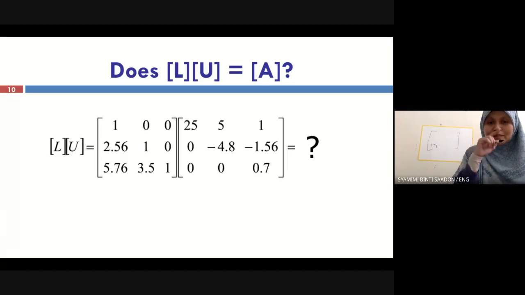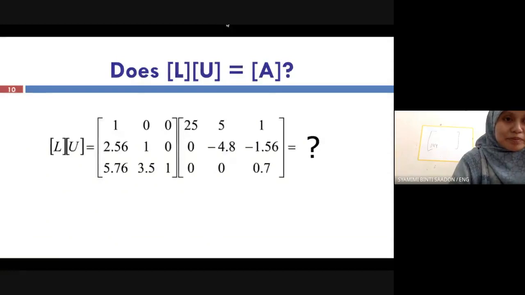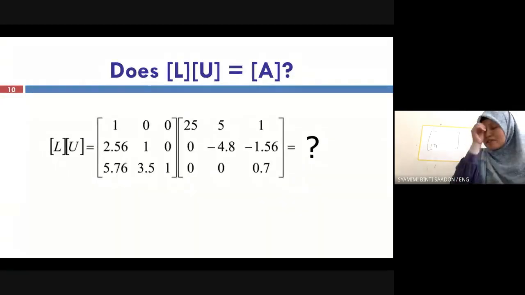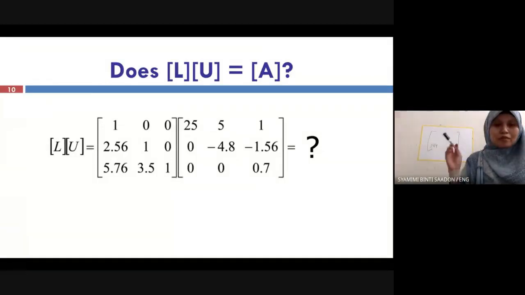So you have to multiply 5.76 with 25. You can do it with your calculator. 5.76 multiplied with 25, you will get 144, right?